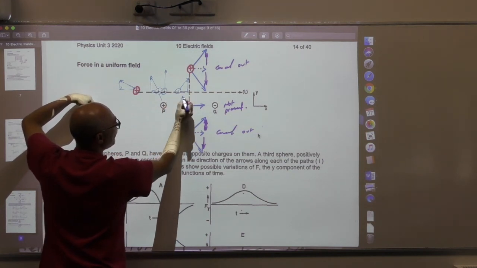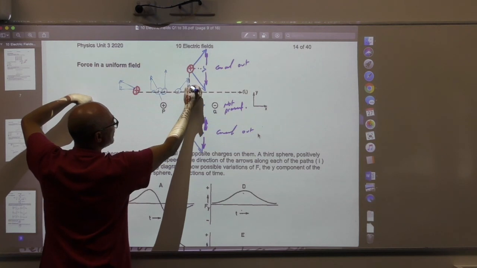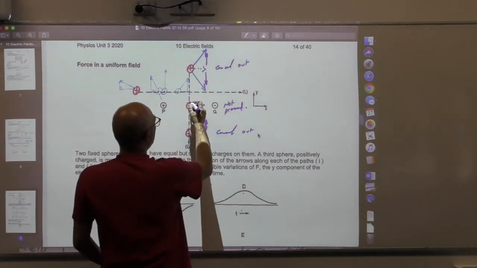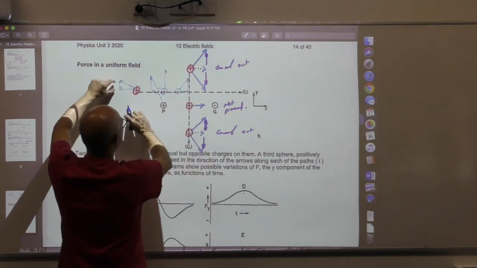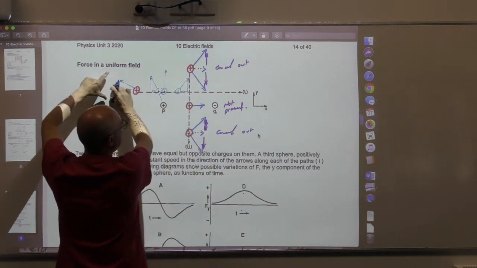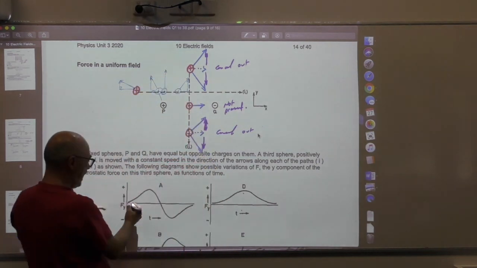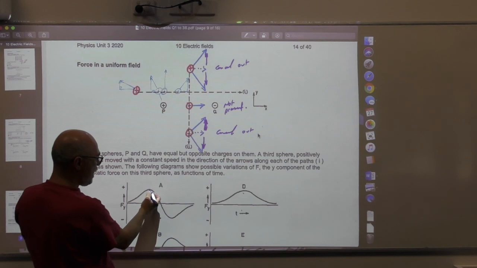The further it goes, you can see that this y is getting smaller. It's smallest out here, nearly nothing. It gets a max out here, and then starts to get smaller again.